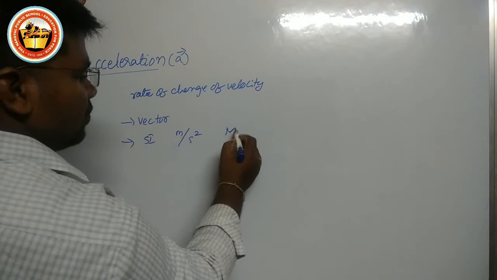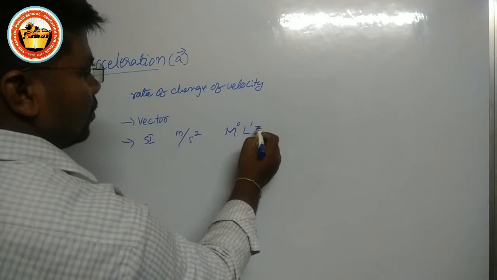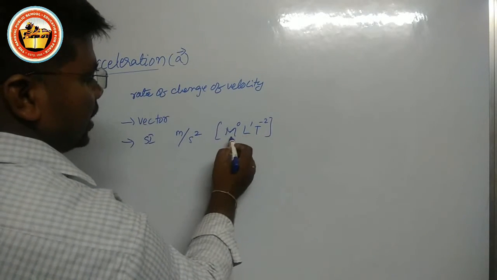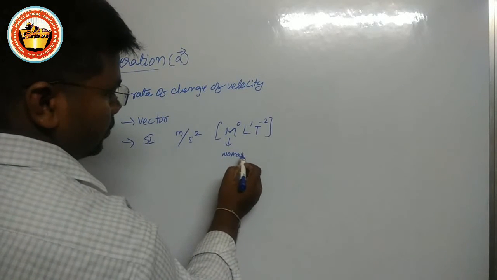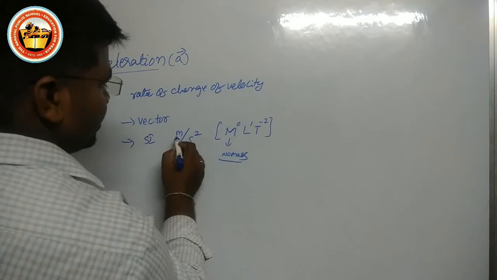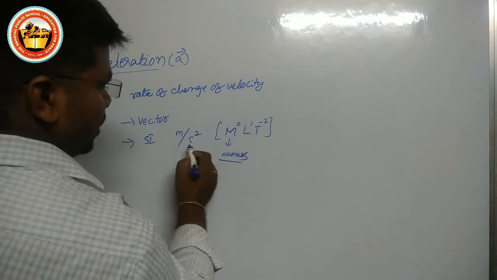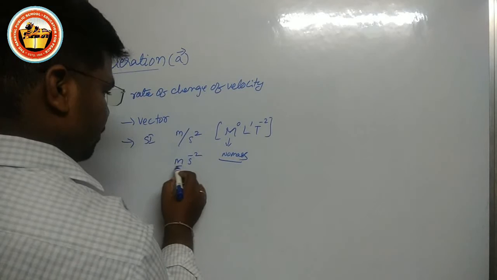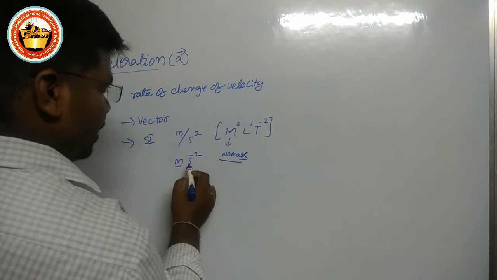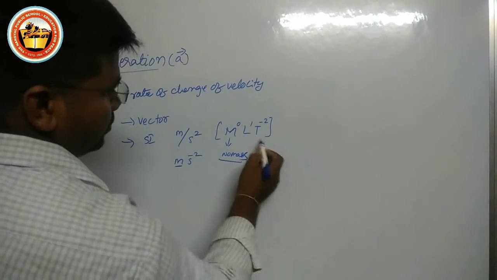Its dimension formula is M power 0, L power 1, T power minus 2. There is no mass, only length is there: meter, and time second power minus 2.